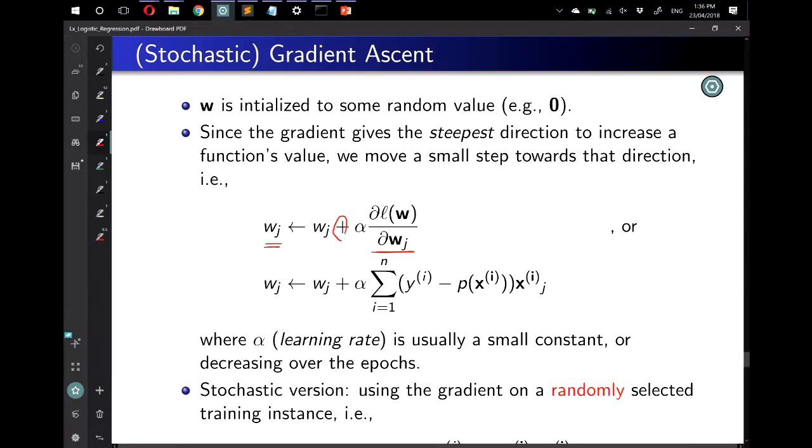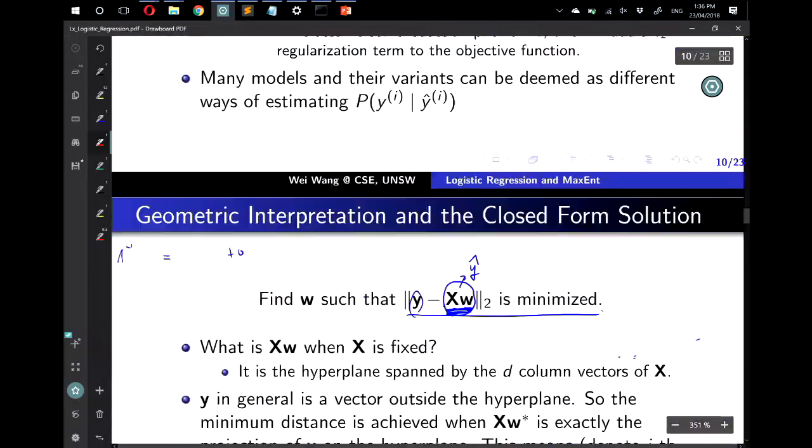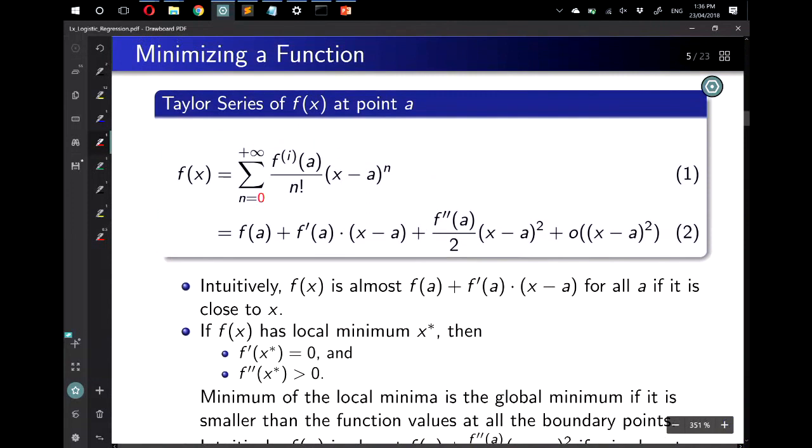Again, here the function is maximized because we didn't take the negative log likelihood. And the reason you can do something like this is mainly because of this one.